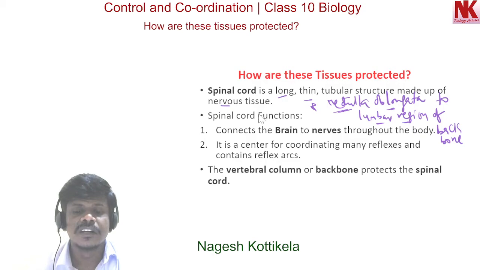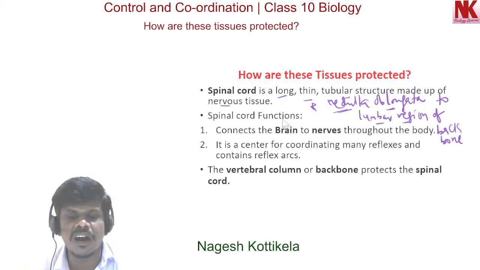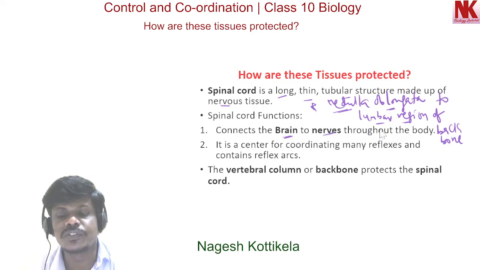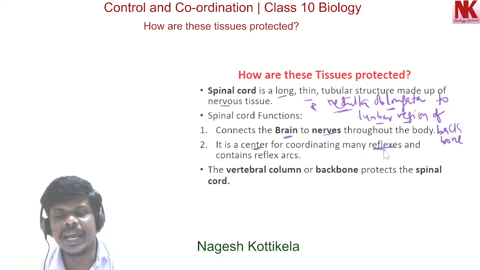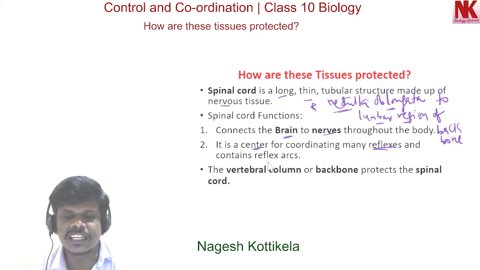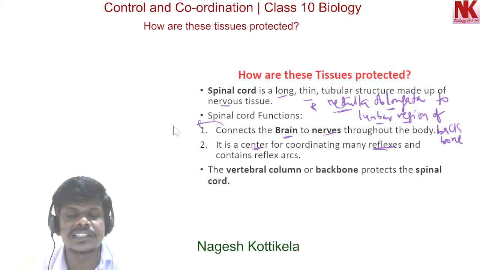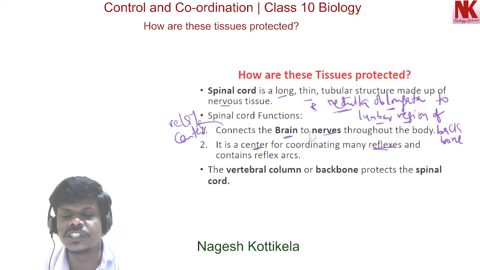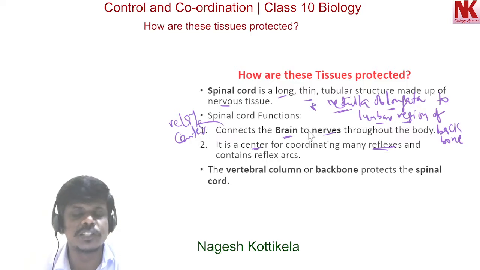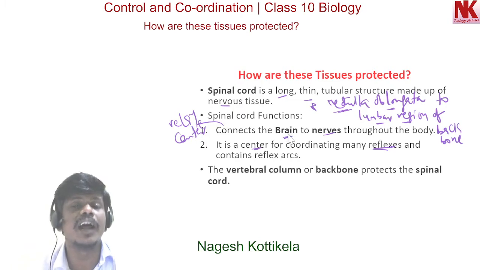And the spinal cord's functions are that it connects the brain to nerves throughout the body, and it is a center for coordinating many reflexes and contains the reflex arcs. So here the spinal cord is acting as a relay center, as it is transmitting the impulses towards the brain and away from the brain.